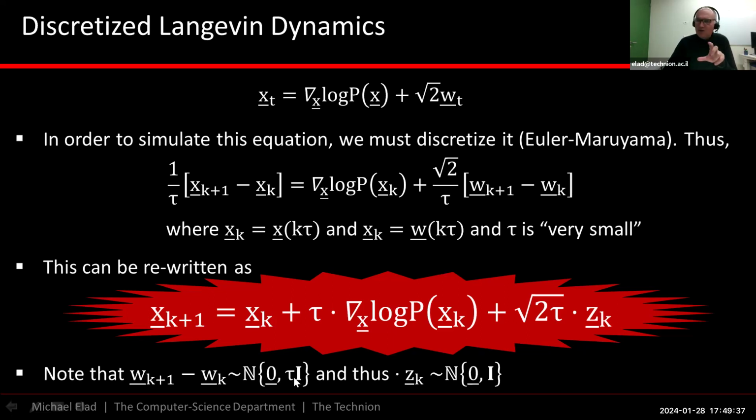This is the Wiener process. So if the variance is tau, if you multiply by square root of tau, you get exactly that: you can multiply by a canonical vector z, and you end up with a proper variance. Okay, this is the equation. Look at it. Again, forget about this element here, and you are looking at this. This is steepest ascent. You go up the hill over the function log of p, just as promised. Okay. So this is the discrete version of the Langevin.